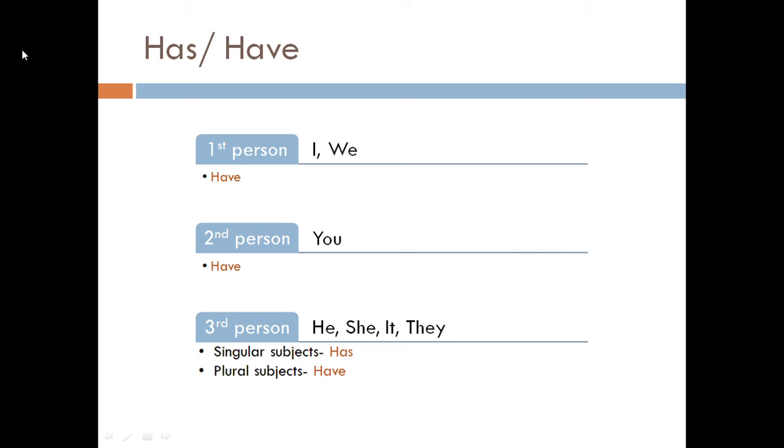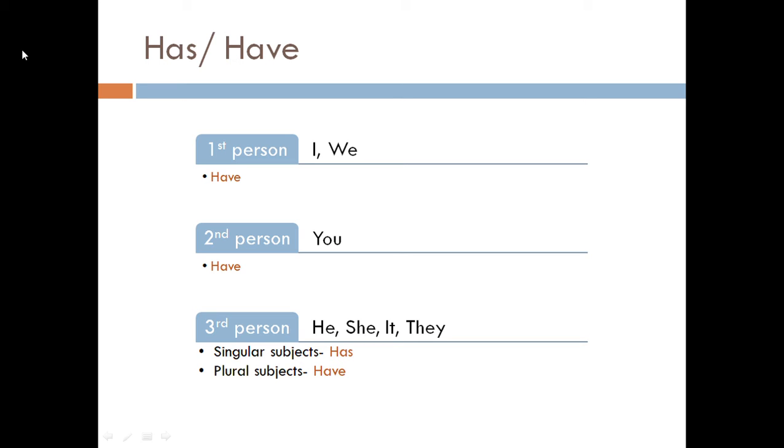You have. Third person: if the subject is third person singular, we add has after the subject, and if the subject is third person plural, we write have after the subject. He has, she has, they have.